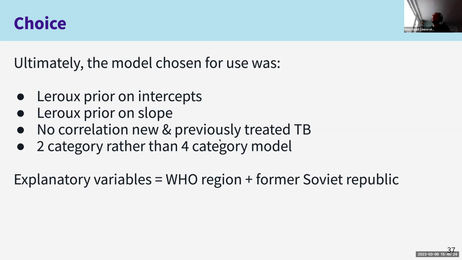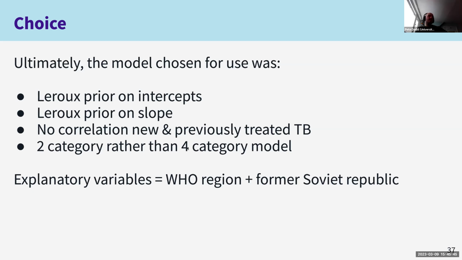That's maybe not a surprise, because you always get data on both new and previously treated patients in the same place, so you're not necessarily gaining something from modeling that correlation, apart from a load of additional parameters.